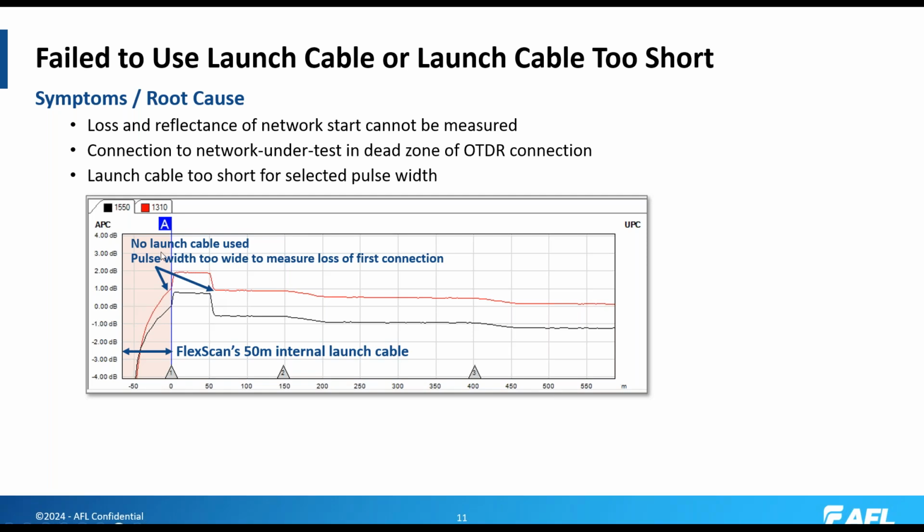In this case, we show no launch cable being used and a pulse width too wide to measure the launch of the first connection, even though we have a 50-meter launch cable inside the OTDR.